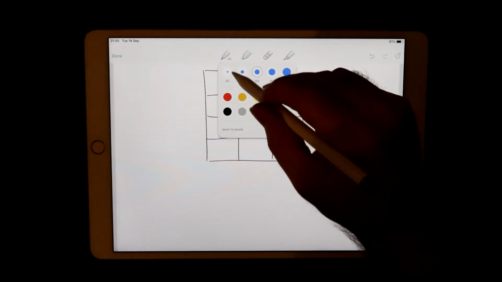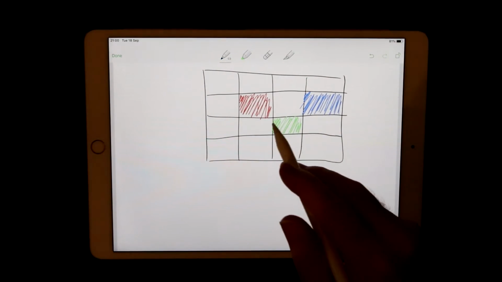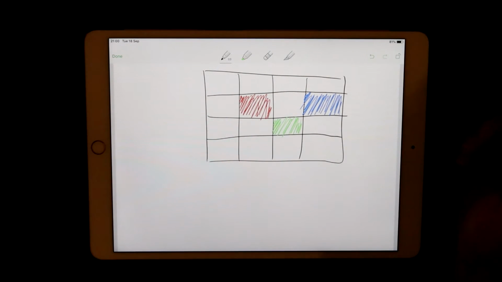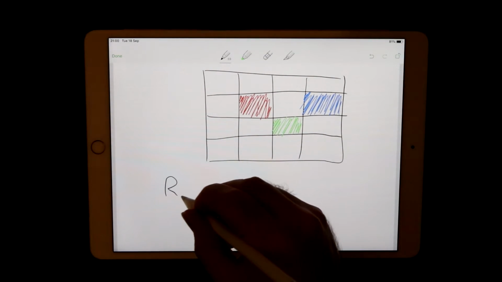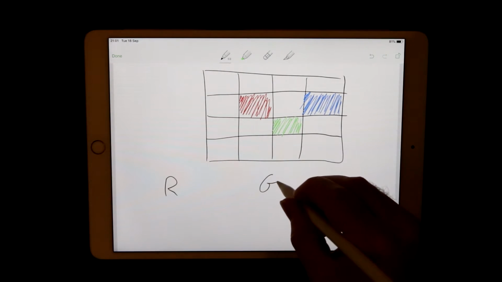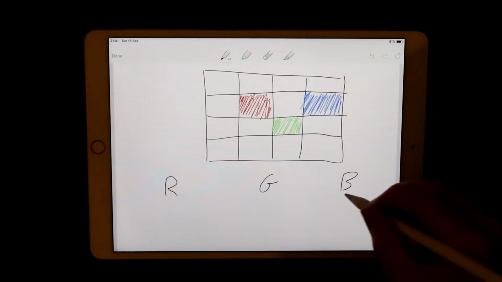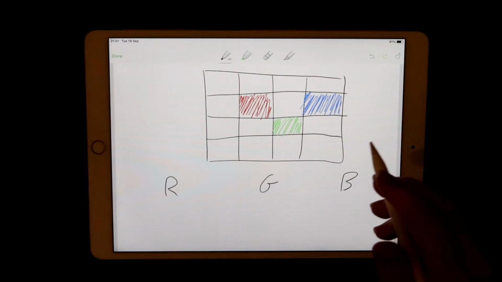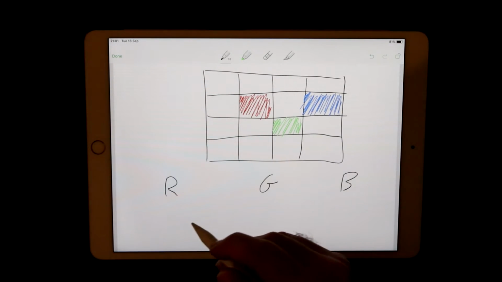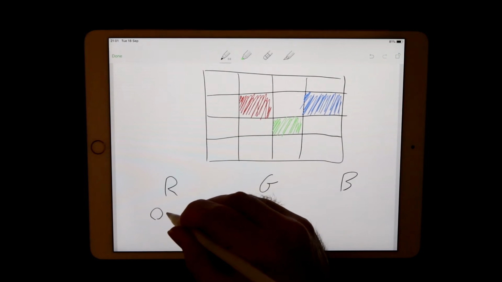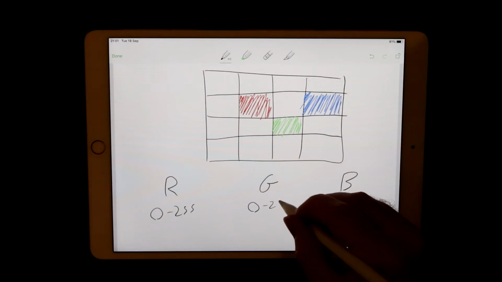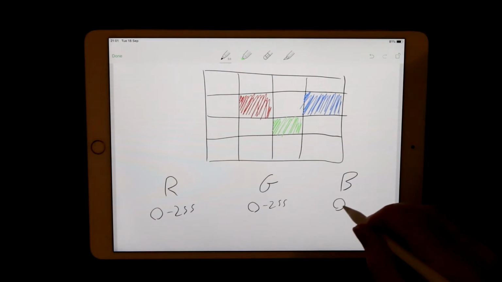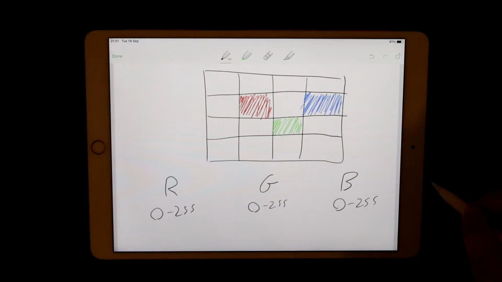How does this relate to bytes? Well, each color value on your screen is represented by a set of 3 bytes. 1 byte representing red, another byte representing green, another byte representing blue. So a pixel will have between 0 and 255 strength red, between 0 and 255 strength green, between 0 and 255 strength blue.